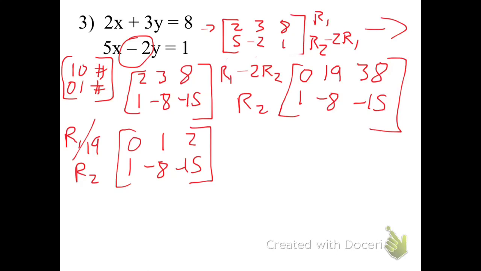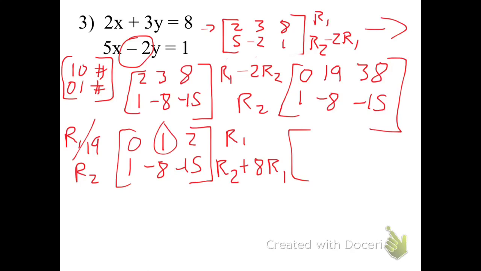And now we can take this 1 in our first row there, times it by any number we want, and combine that with the second row. Let's take the first row, we'll leave it the way it is, but we'll take the second row and add 8 times the first row.